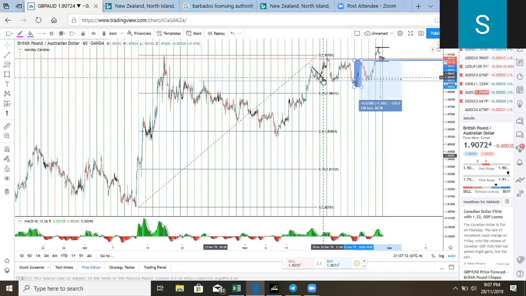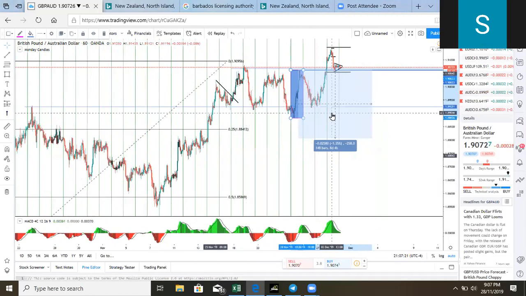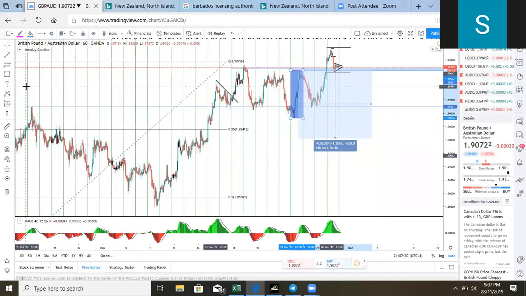It went up, right? And it's looking to fall now. So if you were watching the market properly by looking left, we would have realized this area here, and get some good movements on the odds.